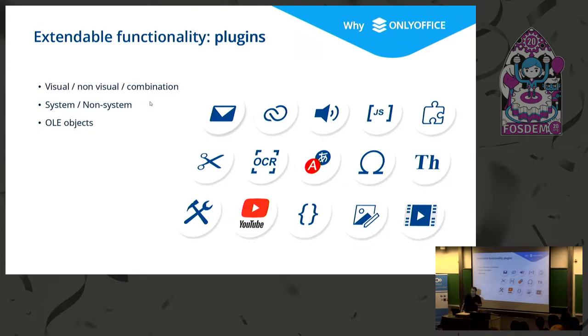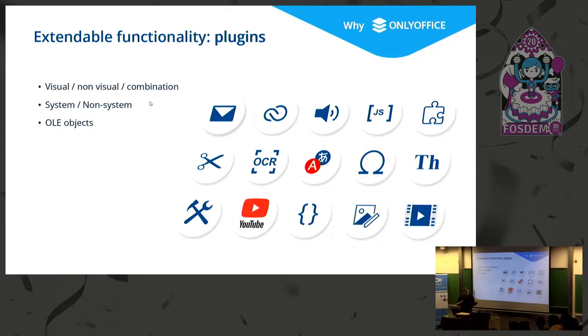ONLYOFFICE plugins are applications that allow to add some functionality to ONLYOFFICE editors. We divide all plugins into visual that just add some buttons, maybe some menus to the interface, then non-visual plugins that open some dialog, some context menu.